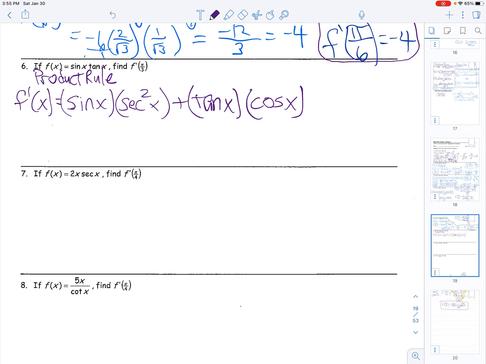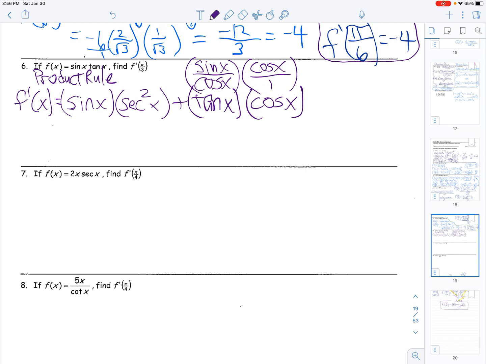So what do we know about tan of x? We know tan can be written as sine over cosine, right? Cosine is cosine, so cosine x over 1, right? There's no way to rewrite cosine.